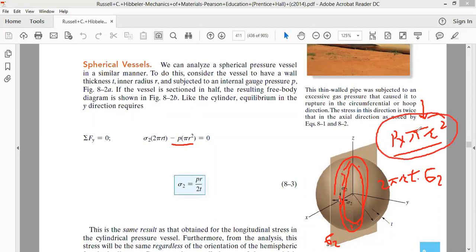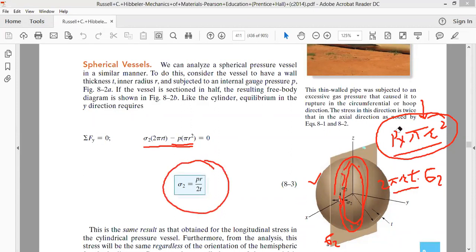The force developed by the stress sigma 2 at the interface is sigma 2 into 2 pi r t. As long as these two forces balance each other, they will be in equilibrium. So we have written the equilibrium equation, and sigma 2 comes out equal to PR by 2t.